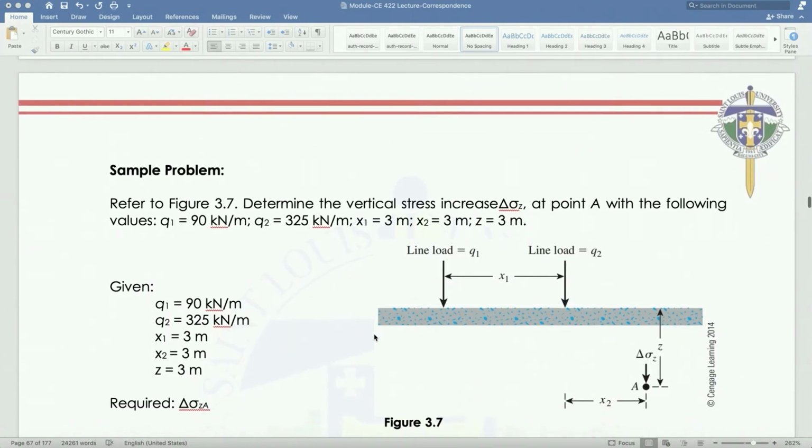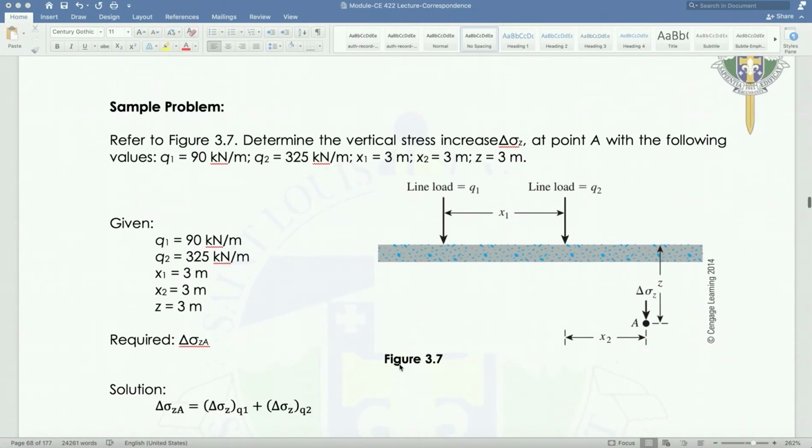Okay, so we have here a problem. Refer to figure 3.7 here. Determine the vertical stress increase delta sigma z at point A. So this is point A, with the following values. Q1 is 90 kilonewton per meter, and Q2 is 325 kilonewton per meter.